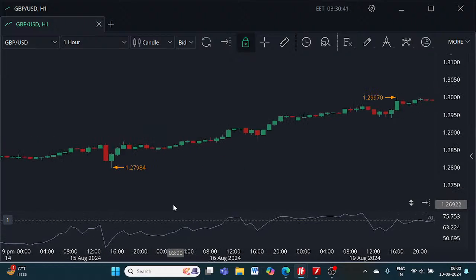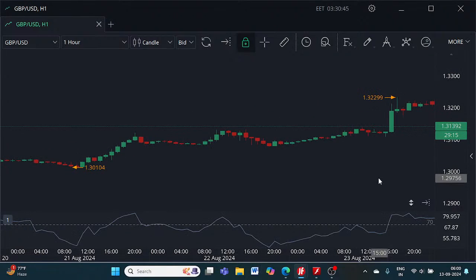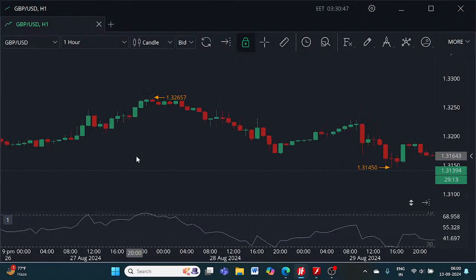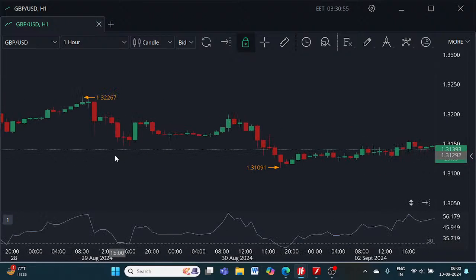Same applies for the bearishness. As we move along, we will also see that the momentum shifted and eventually the RSI dropped below 50, and at one point in time it was even below 30, where it is considered strongly bearish. Anything below 50 is considered bearish, and anything below 30 is considered strongly bearish.